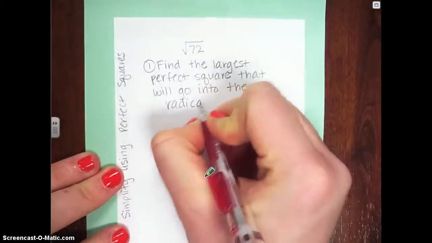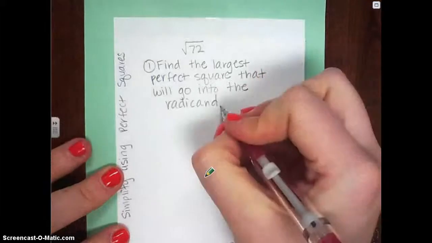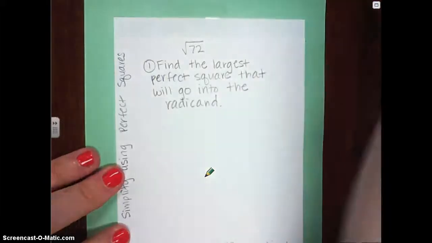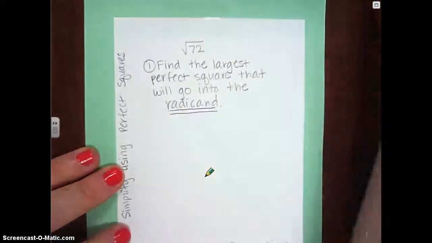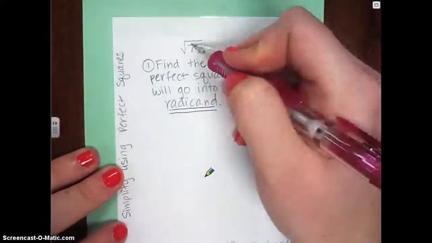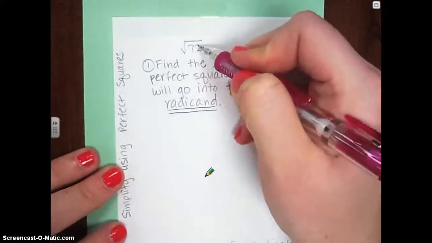And let me tell you what that is. So the radicand, I'm going to underline that because that's a good little vocab word right there. The radicand is just what's under the square root. So 72 is the radicand.